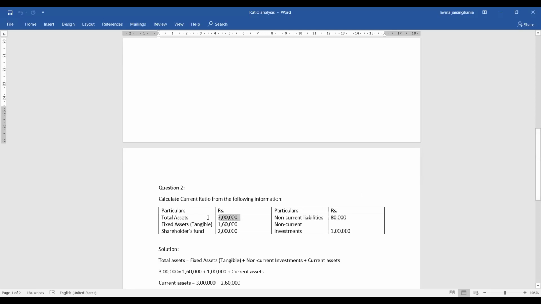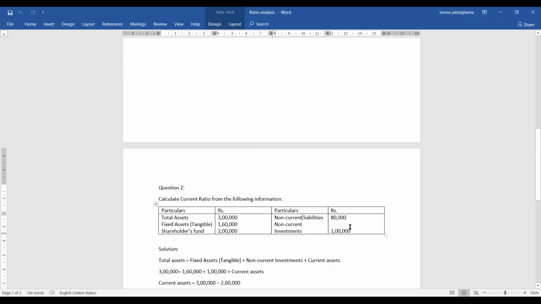Total assets means the total of the asset side of a balance sheet. Total assets are 3 lakh. Fixed assets from that are 1,60,000. Shareholders' fund is separately given as 2 lakh. Non-current liability is given as 80,000, and non-current investment, which is a part of the asset side, is given as 1 lakh.